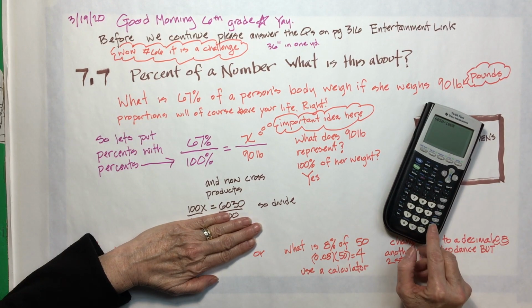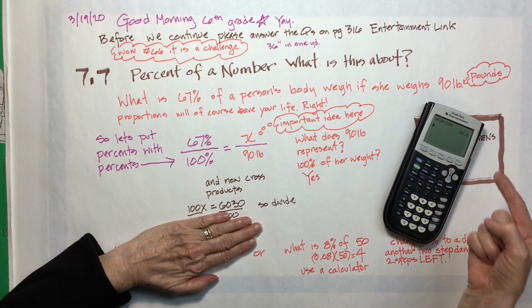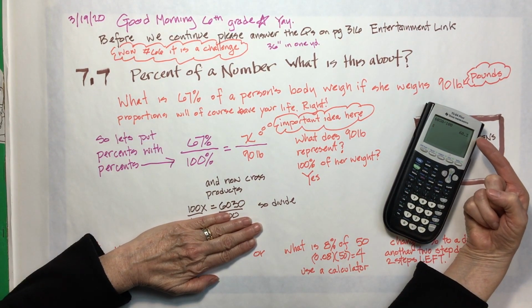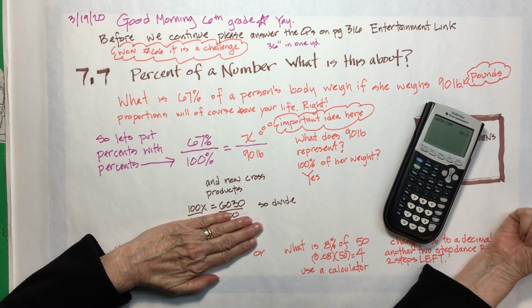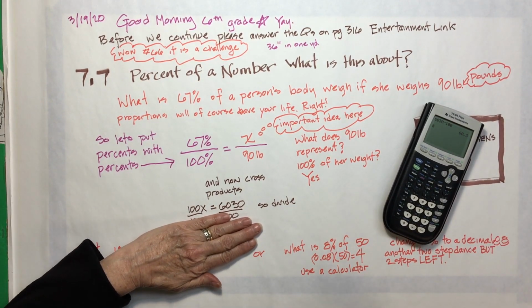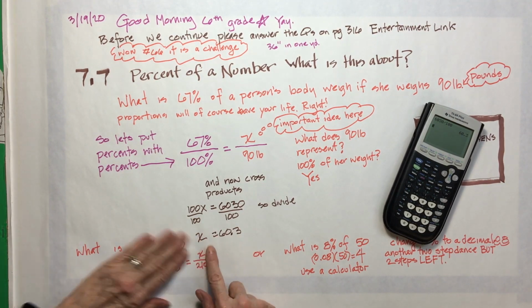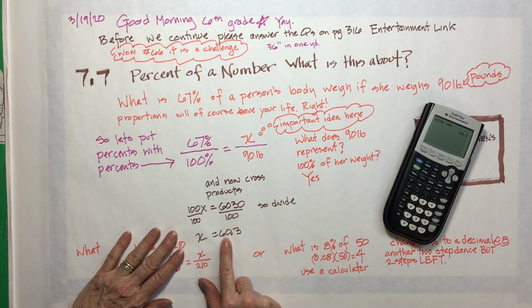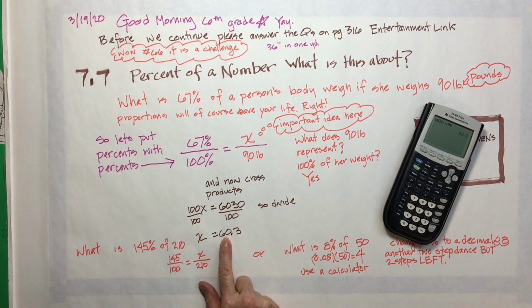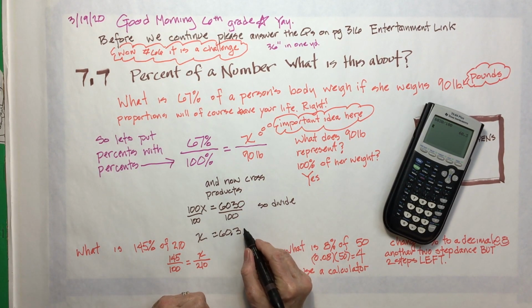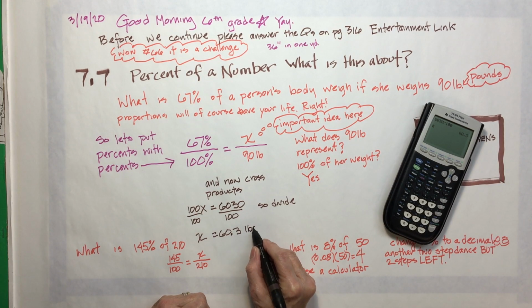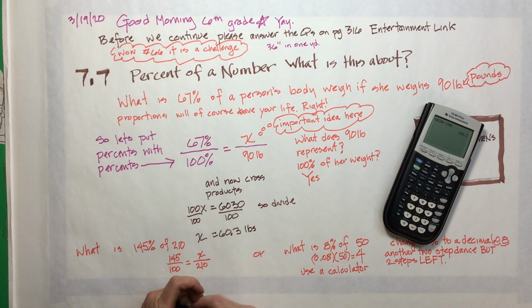Got to be careful. So I divide it, and it's 60 pounds and 3/10. So 60 pounds and a third approximately. So x is 60. I forgot to put the unit. LBs. So that's how we do this.